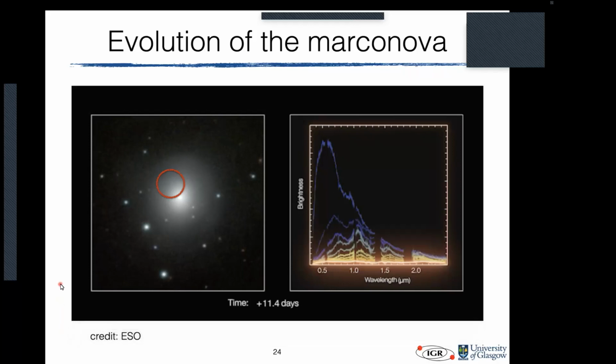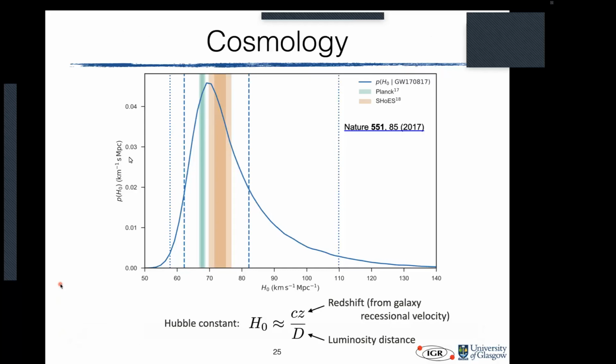Okay, right. So one of the other things, I think I'm running out of time. I'm sorry, I've probably gone a bit too long. But just very quickly, one of the things you can do with these observations, apart from learning about neutron stars, is that if you have the host galaxy, which we do, which is NGC 4993, then we have the redshift associated with that galaxy, okay?